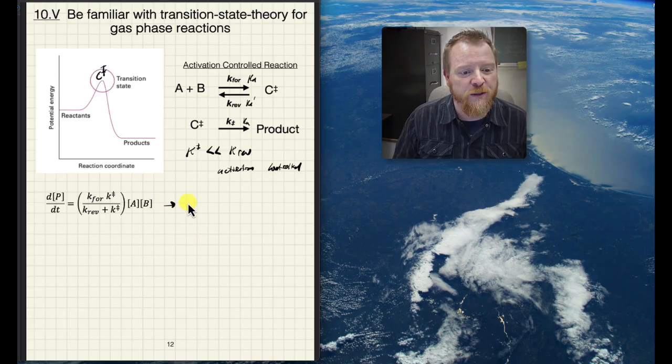Then recall this expression becomes the following: dP by dt equals, so we can ignore K double dagger.